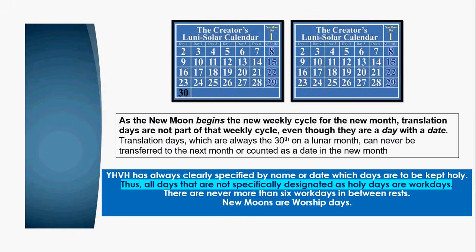Yah has always clearly specified by name or date which days are to be kept holy. Thus, all days that are not specifically designated as holy days are work days. So there are never more than 6 work days in between rest. New moons are worship days.